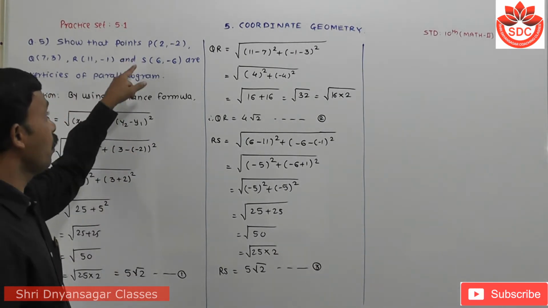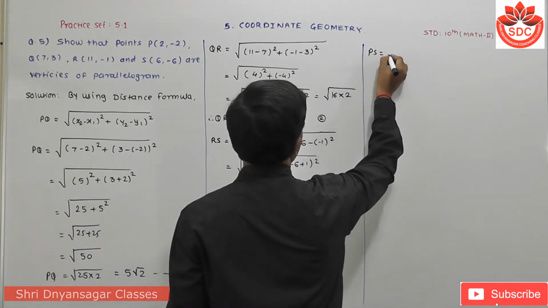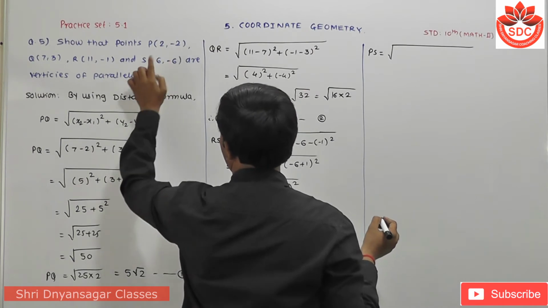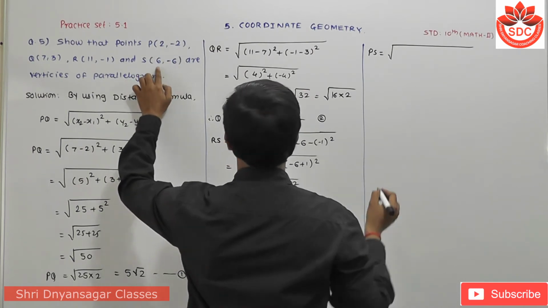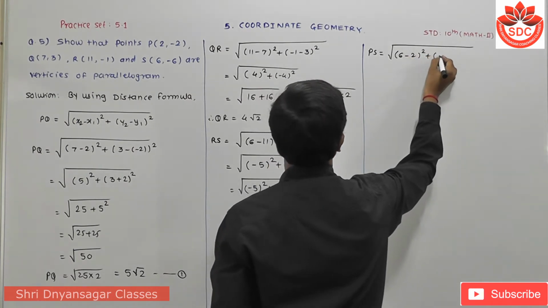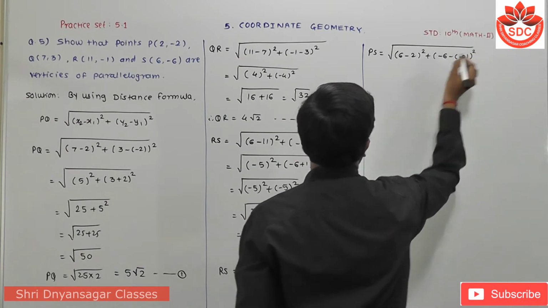Then we have to find the value of PS. Again by using this distance formula, PS is equal to the root of, considering x1, y1, x2, y2, (6 minus 2) squared plus (minus 6 minus 2) squared.